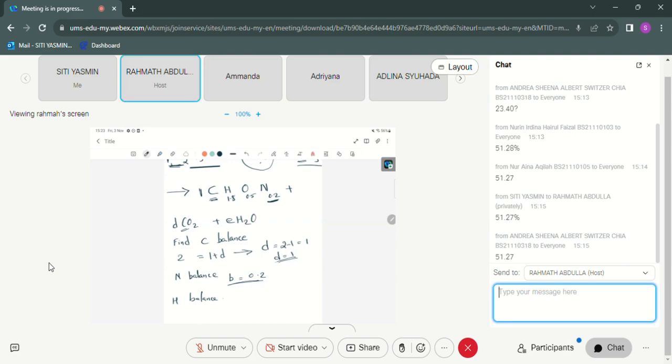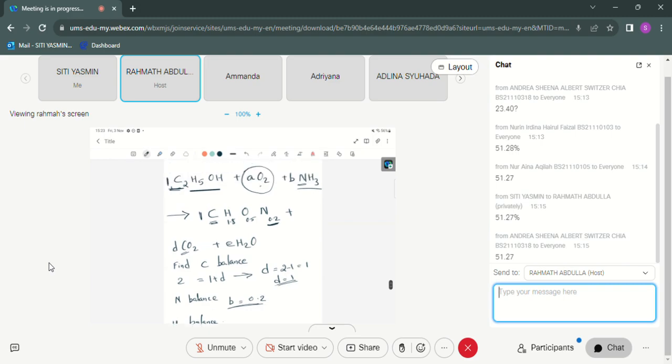So can you find the hydrogen balance in this equation? Use the same method that we did for nitrogen and carbon.